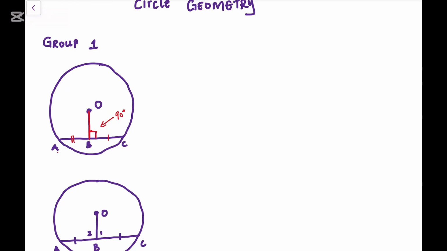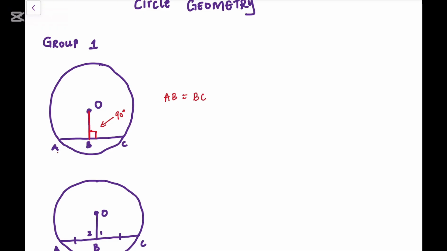In the exam, you will just see a diagram like this, and you see this 90, and then you can conclude that AB is equal to BC.